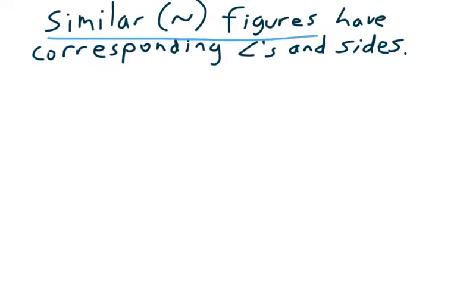And some things that we know, if two figures are similar, that actually tells us quite a bit about those figures. And the first thing it's going to tell us is that the angles are congruent. And congruent is just an equal sign and then a squiggly on top of it.